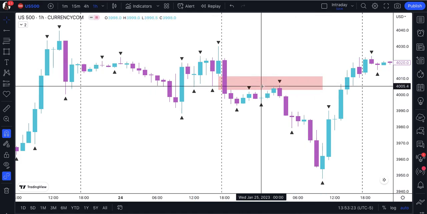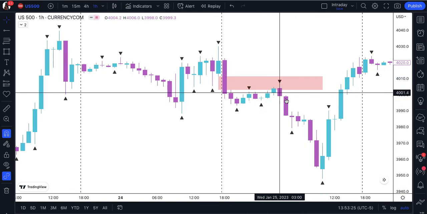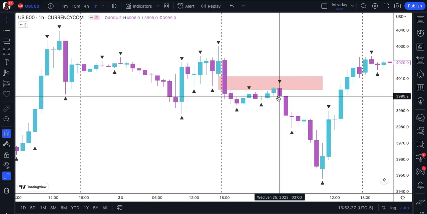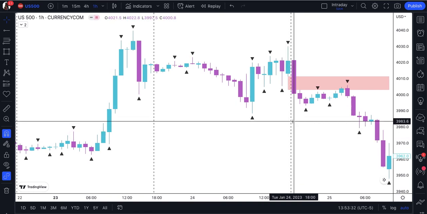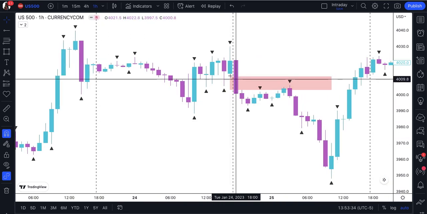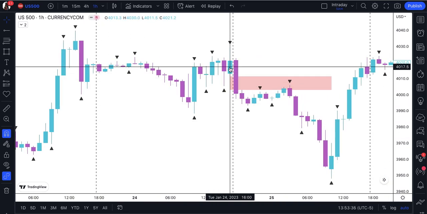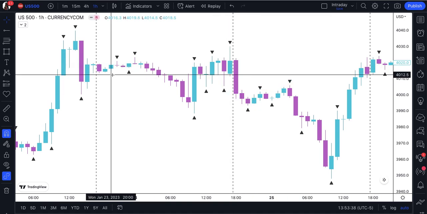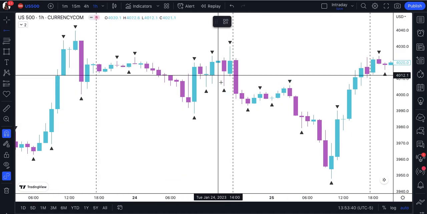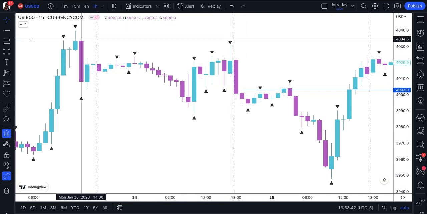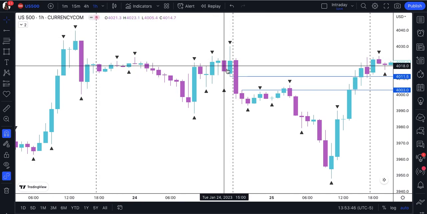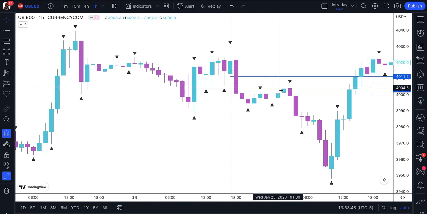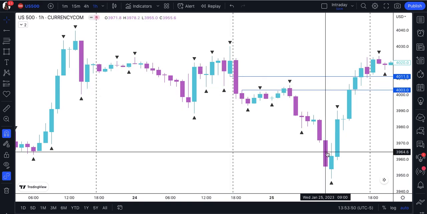Price comes into this gap and then blasts away. See, price isn't always going to come to this level of resistance, the order block. Sometimes it just taps the gap and then goes.